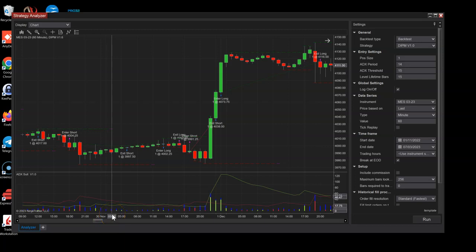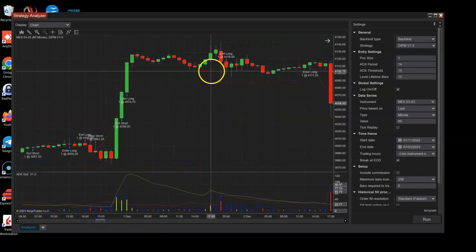Also, the exit, you can go very, very creative with the exits, okay? So the current strategy would actually exit. So for example, here it enters long, and it exits right here because this level down has stepped down right here. It exits, okay?